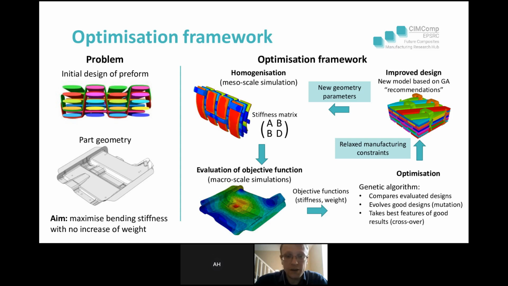So in this loop, where we simulate meso-scale geometry, simulate macro-scale response, and pass it all into the genetic algorithm, we get improved designs at every pass of the algorithm, and eventually we arrive at a converged optimum for our problem, which will be a better design than we started from.